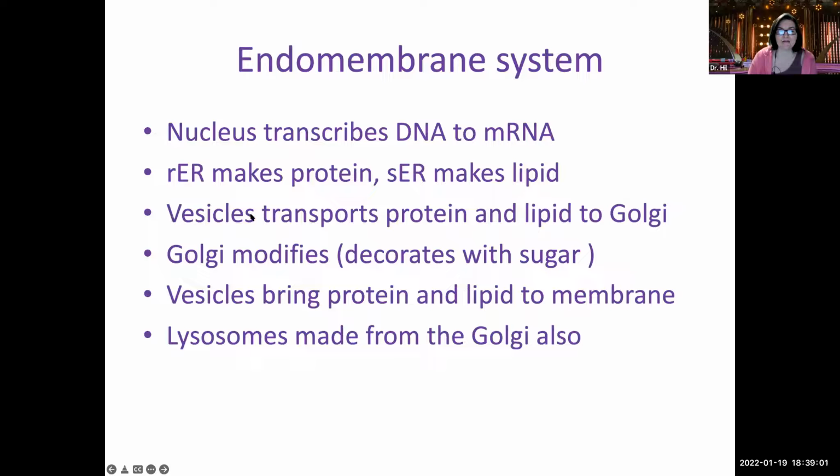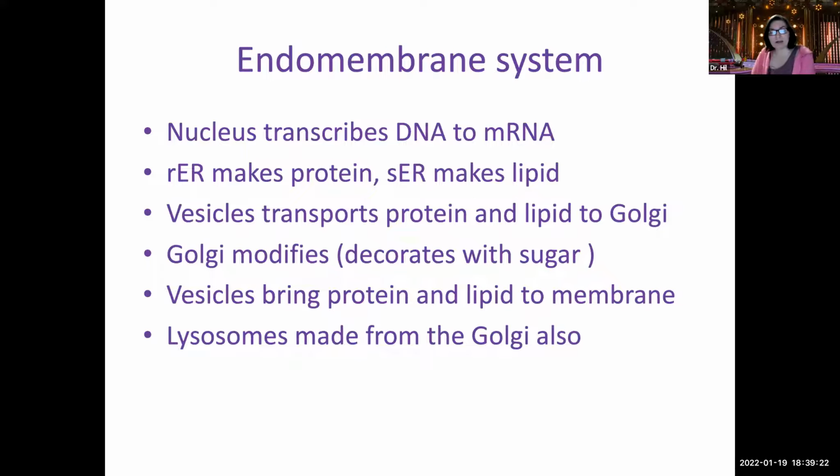And then there are vesicles that move stuff between the ER and the Golgi, between the Golgi and the membrane. Things that end up in the Golgi are modified. That's the purpose of going to the Golgi, is to get modified and sorted and packaged. Remember that? But the modification is done to stuff that's going to leave the cell or going to be on the surface of the cell.